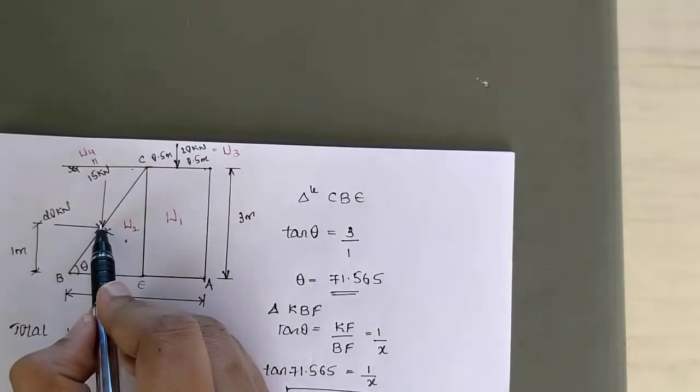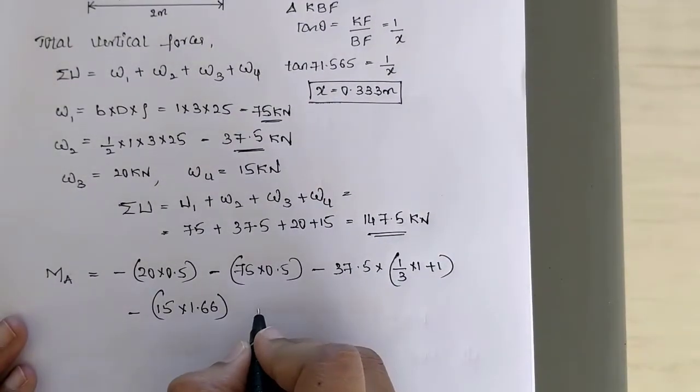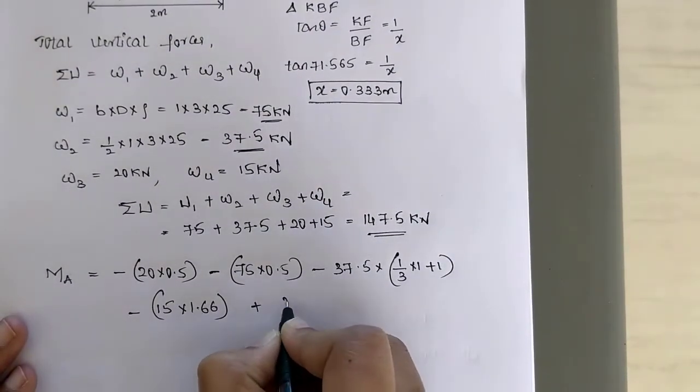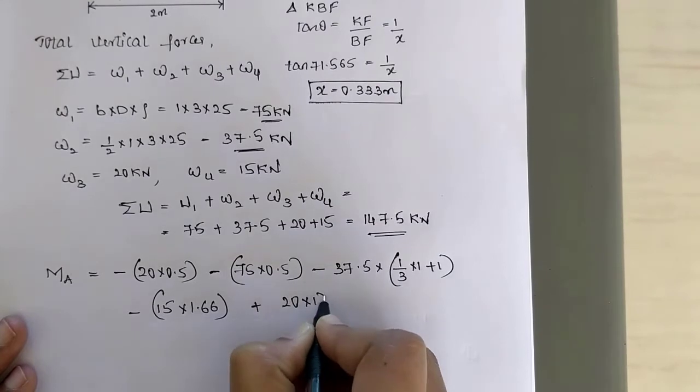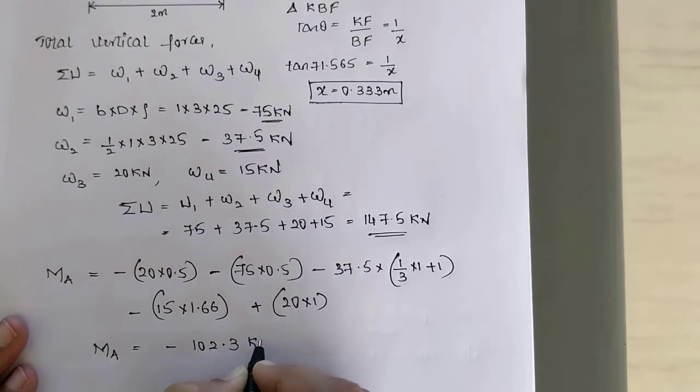This 15 kilonewton is with respect to the toe. Next, plus horizontal load, that is 20 into 1. Then you will get MA as minus 102.3 kilonewton meter.